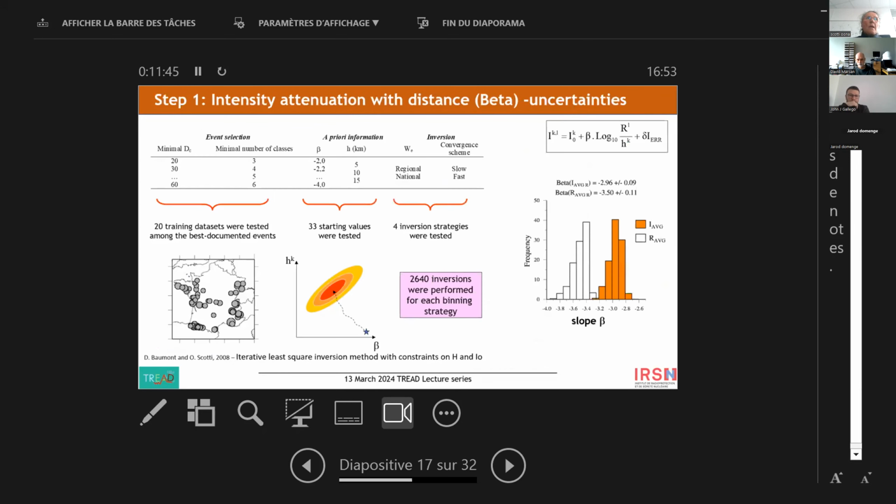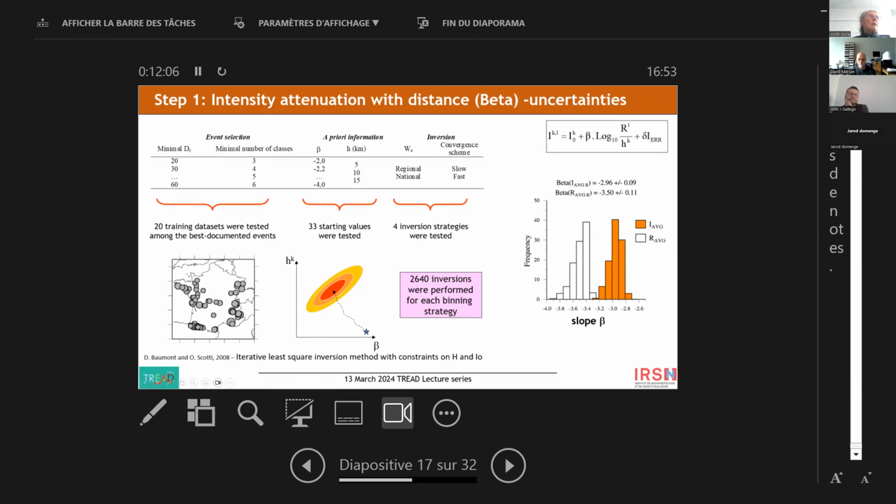So to convince you that these two ways of binning can lead to very important differences in intensity attenuation, we have set up a series of tests and inversion strategies to try to constrain this intensity attenuation using these two E average and R average distances.